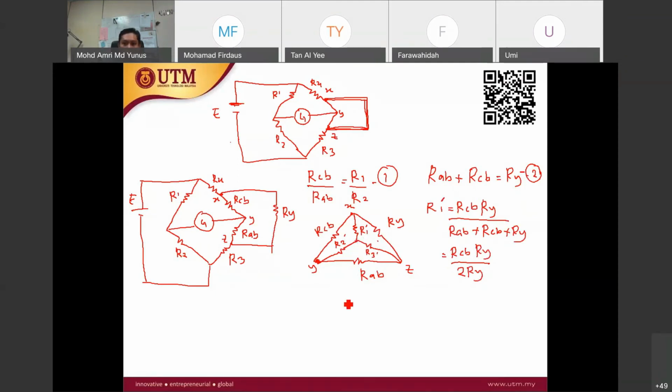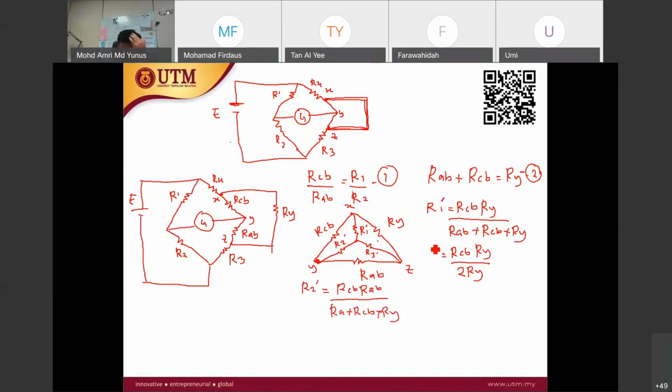Okay, so next we have R2 prime equivalent to RCB multiply with RAB, divide by RA plus RCB plus RY.